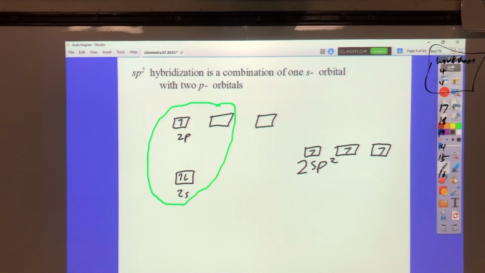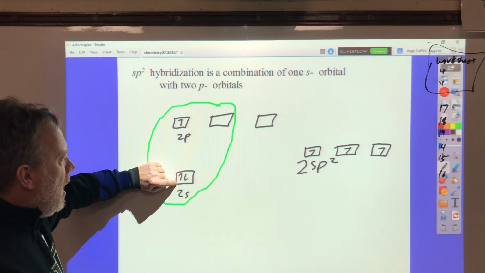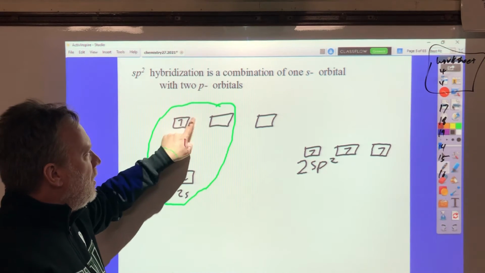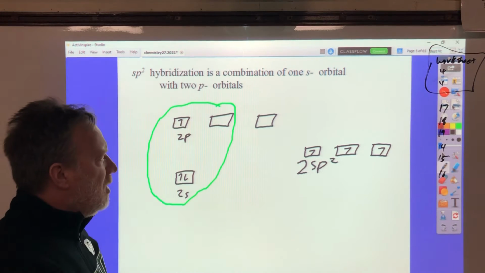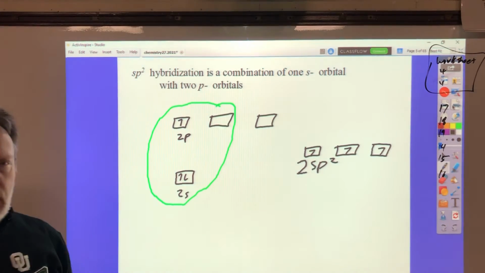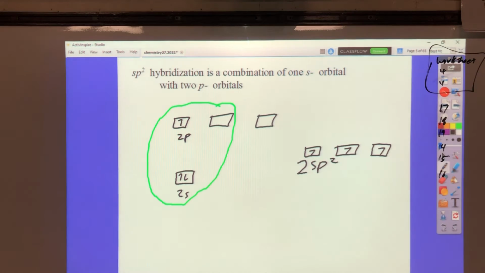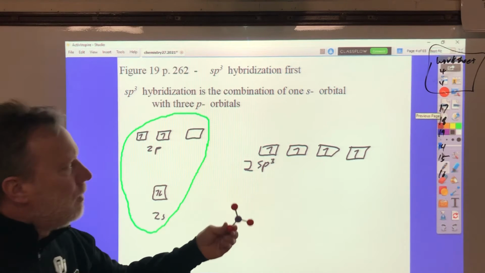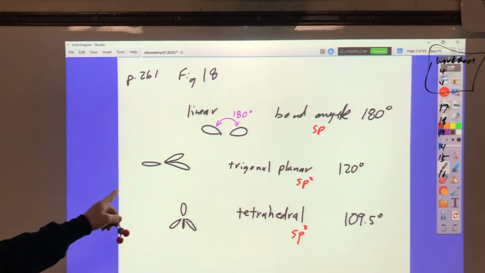If you do sp2 hybridization, you're going to hybridize one s orbital with two p orbitals. And when you do, you have 3 electrons in 3 equally identical orbitals. And those come out to be this guy, triangular planar.